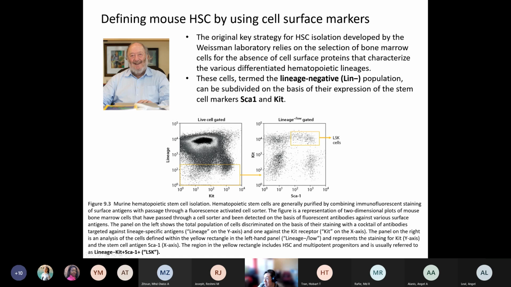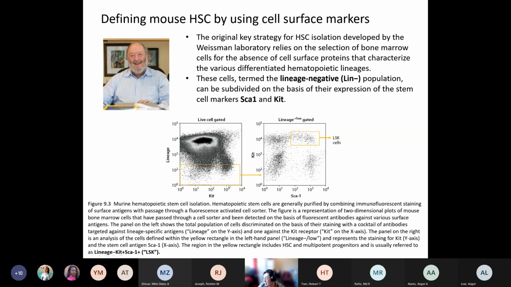Now, you don't care about those because those are terminally differentiated cells. You want to capture the stem cell. And the straightforward thinking is that stem cells will be lineage negative. Okay, in this yellow box, it is lineage low or negative, right?